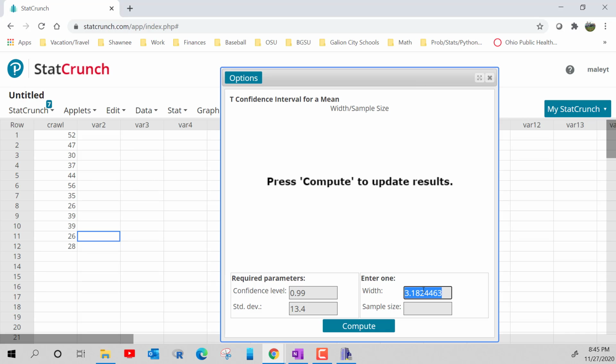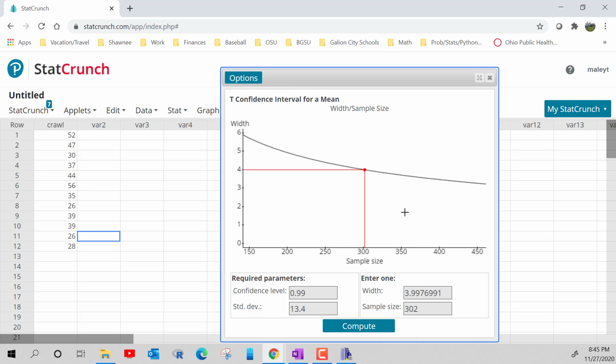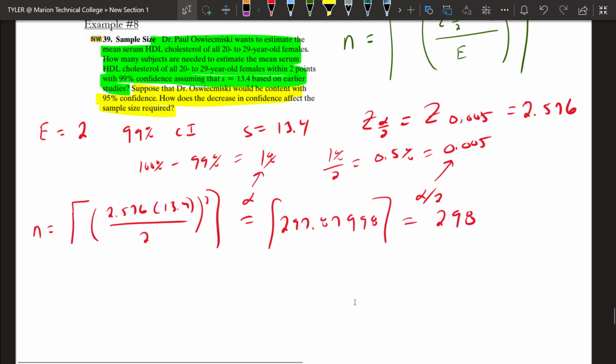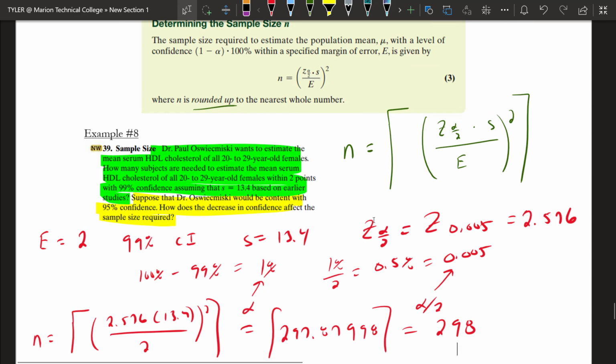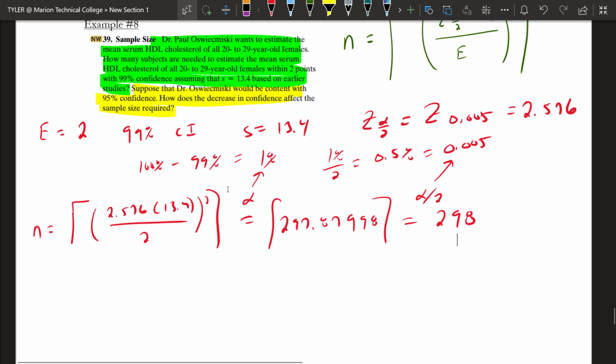So E was 2, so 2 times 2 is 4. Hit compute, and we get a sample size of 302, right? So it's a little off from what we calculated by hand of 298, but it's because of rounding error, rounding this Z alpha divided by 2. So using StatCrunch, we got 302.